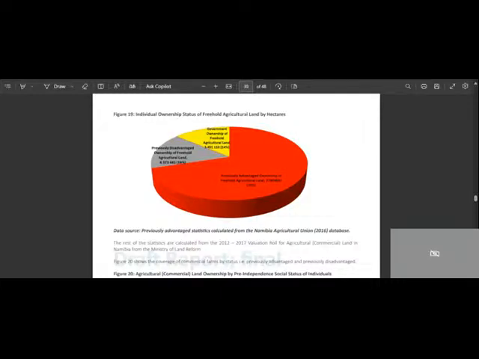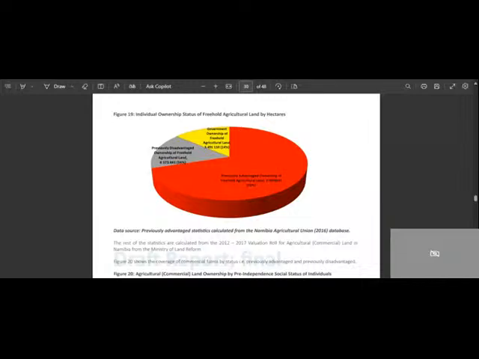Previously advantaged ownership of freehold agricultural land: 70%. They own 70% of the commercial land. As for population, these guys are maybe 10% of the whole population. They are not even that.